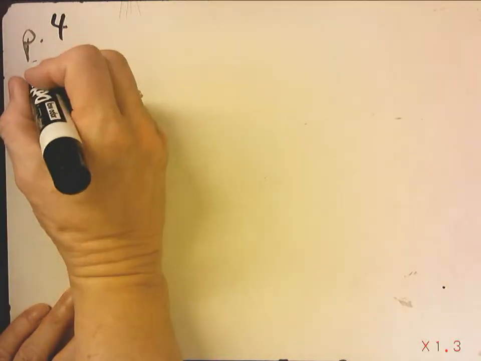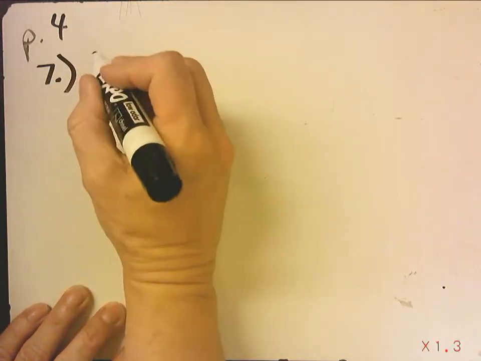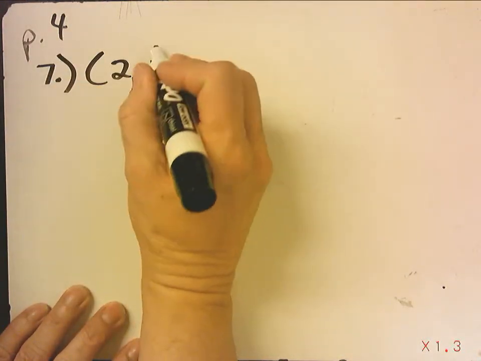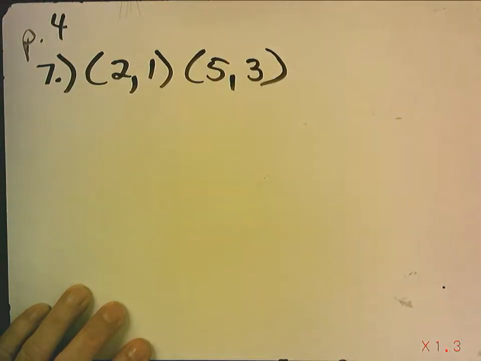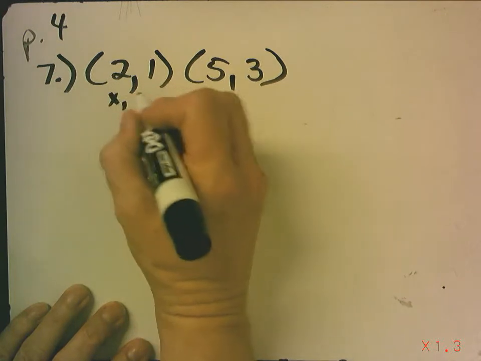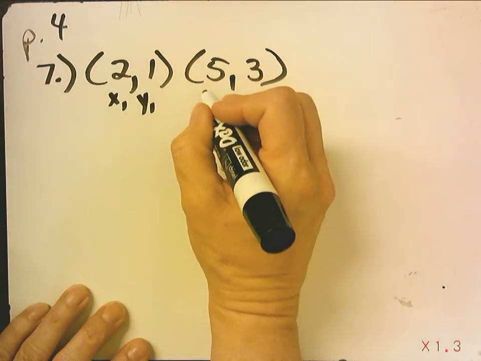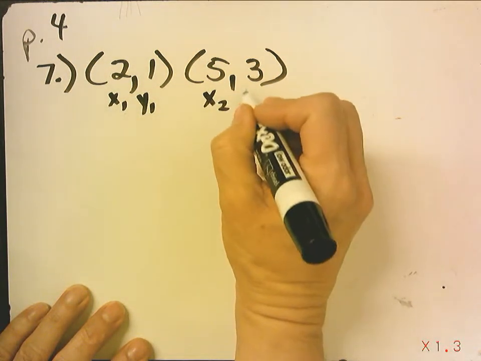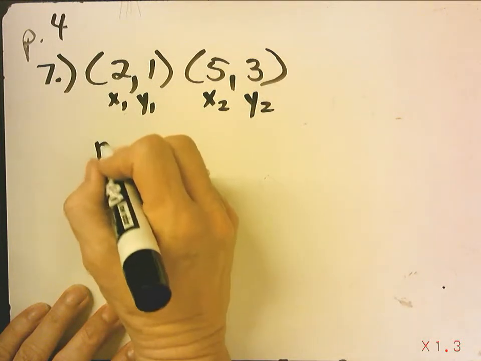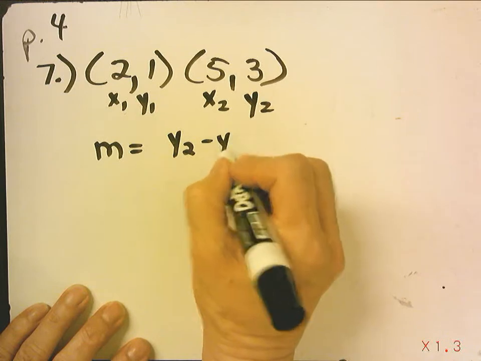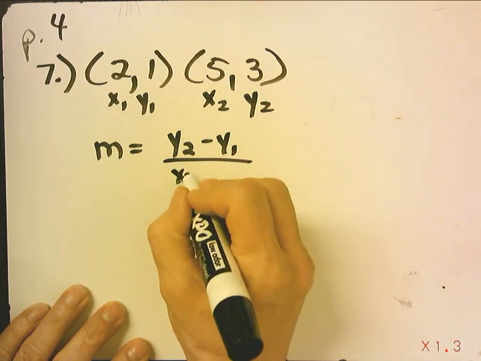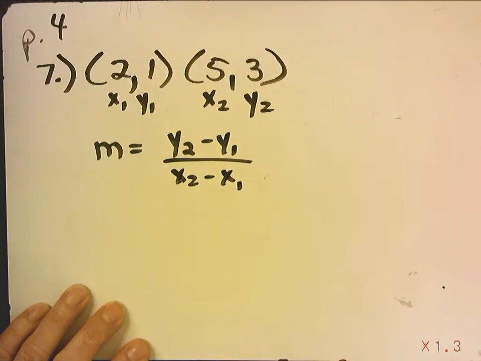Now, continuing on page 4, we're going to go over a few where we find the slope by using the slope formula. So, I'm going to label each point x sub 1, y sub 1, x sub 2, y sub 2. The slope formula says m equals y sub 2 minus y sub 1 over x sub 2 minus x sub 1.